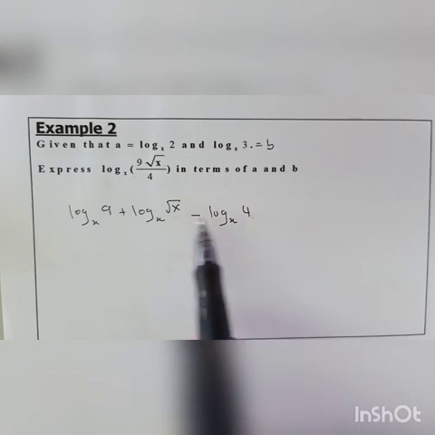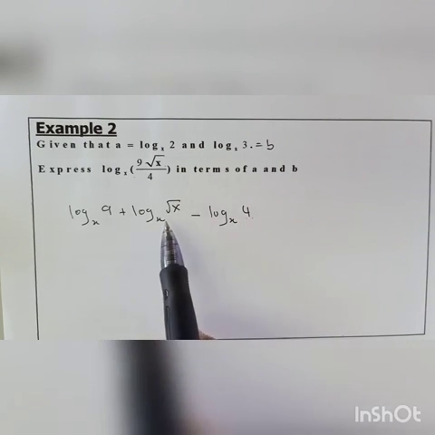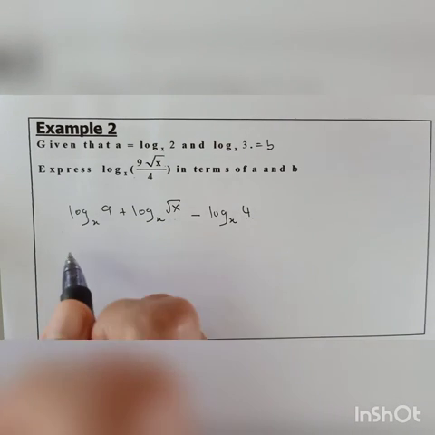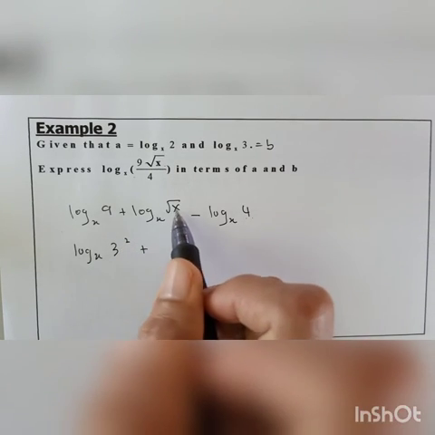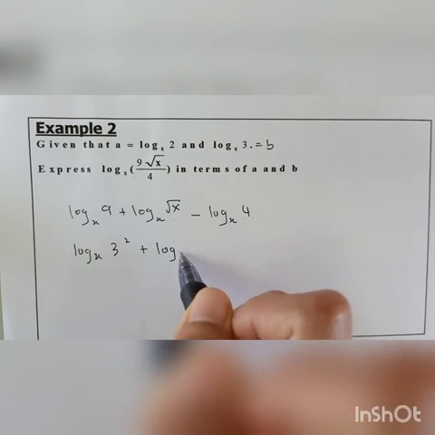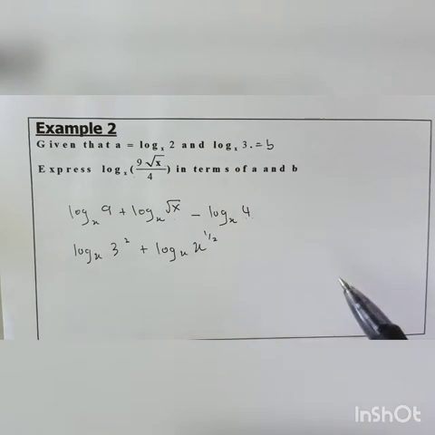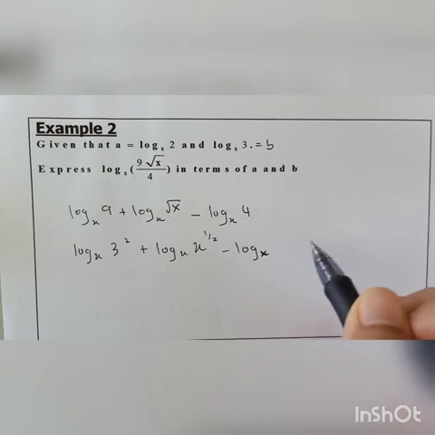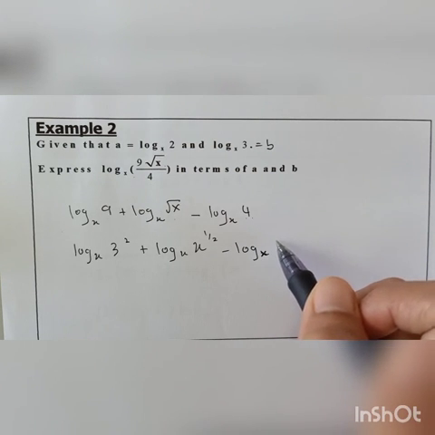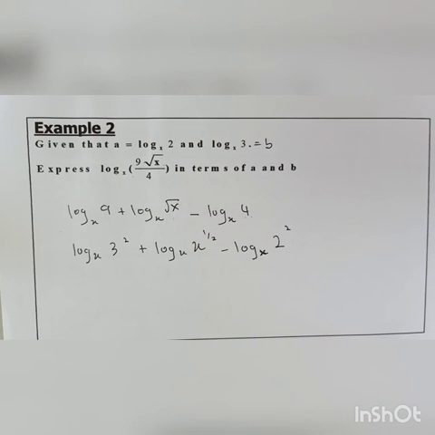Okay, 9 and 4 we can simplify, and also root of x. So 9 is 3 squared, plus root x is x to the power of half, and 4 is, sorry, change to 2 squared. Now we can use law of log number 3 for all these three terms.